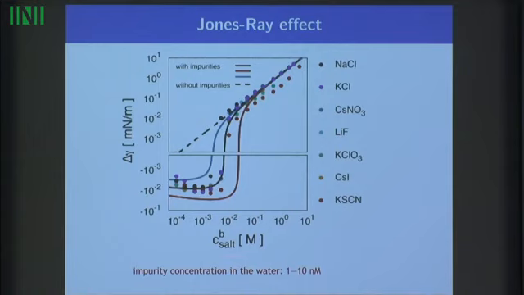And the nice thing is that you need an impurity concentration in the water of only 10 nanomole per liter. Yeah, so that's a very, very low impurity concentration. It's much lower than what most people can detect in experimental work. Yeah, so it's also very, very hard to clean. So I guess it's a challenge for any experimentalist to claim that they have an impurity concentration which is below this threshold.